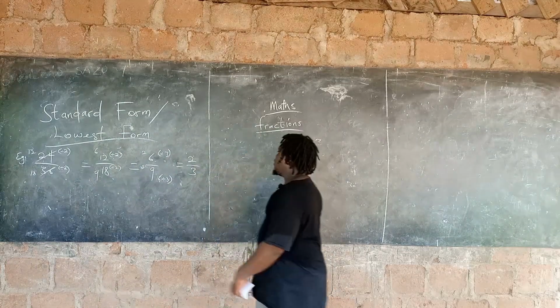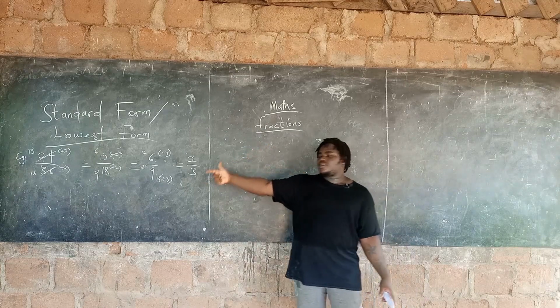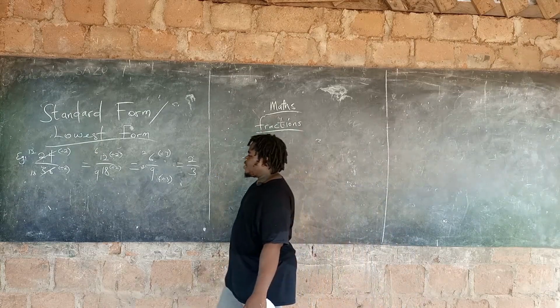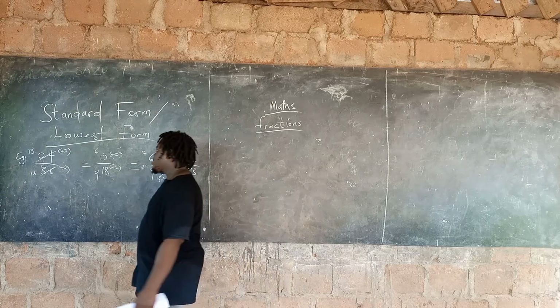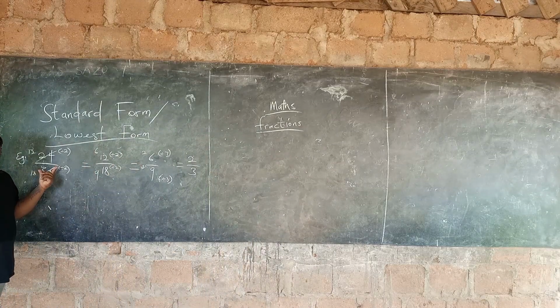Alright, so let's continue with standard form or lowest form. So there is an example over here. 24 over 36. We divided the 24 by 2, we had 12. 36 by 2, we had 18.